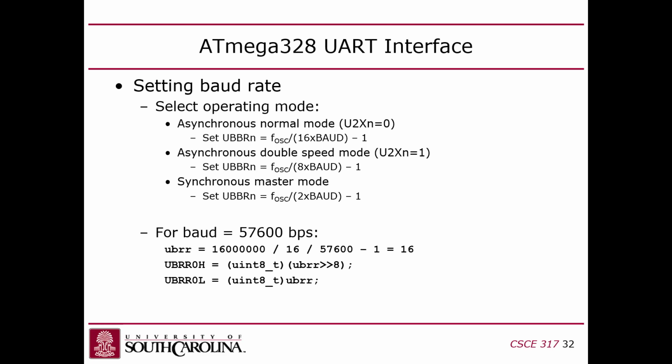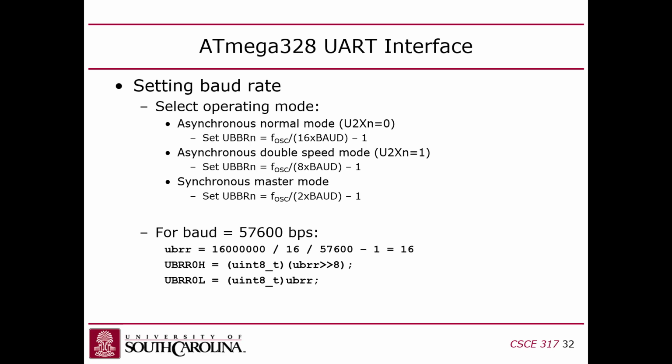So it's going to be whatever the F oscillator is, which is 16 megahertz, divided by 8 times... actually, sorry, asynchronous normal mode. This is the one we use, asynchronous normal mode. It's the clock frequency divided by 16 times baud, minus 1. The minus 1 is after you calculate this ratio.